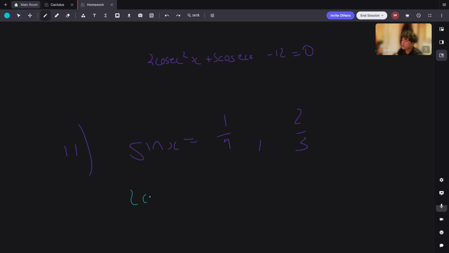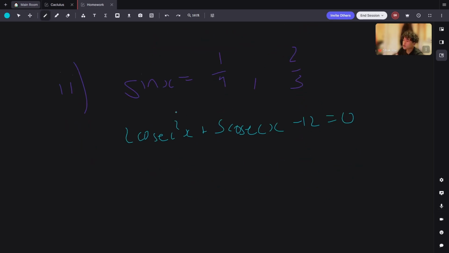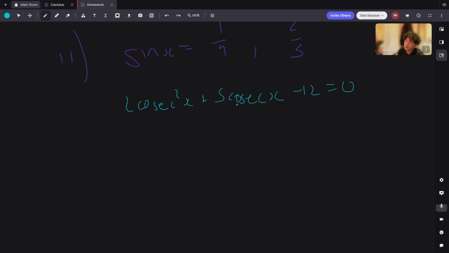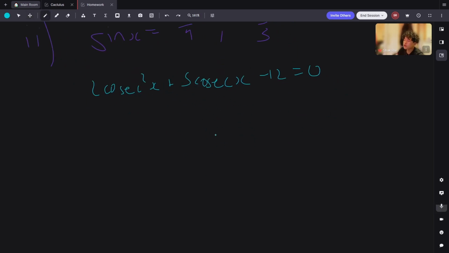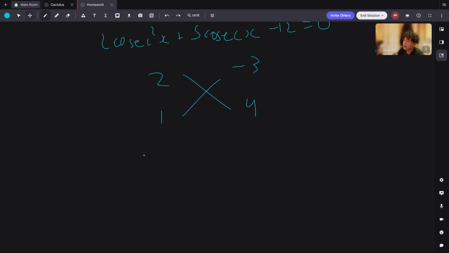So we have 2 cosec squared x plus 5 cosec x minus 12 equals 0. Again, it's the whole process of a hidden quadratic. I'm not going to do the let y equals, because we already know this. So 2, 1, and then minus 12 is going to be 4 and minus 3. Cool.